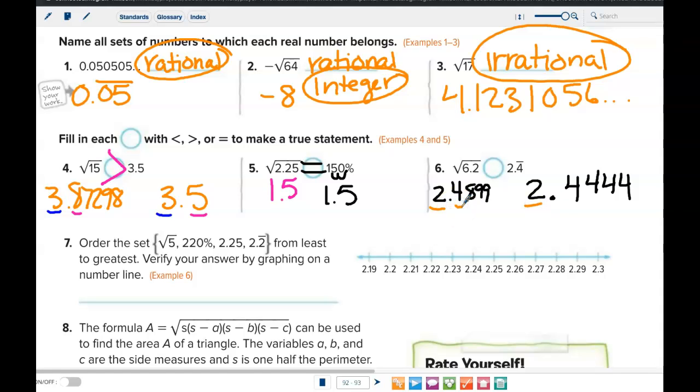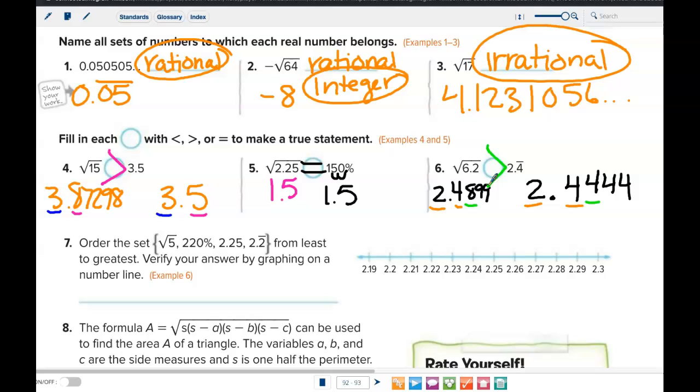Our tenths place, they're the same. So we go over to our hundredths. In our hundredths place, we have 8 and 4, and since 8 is bigger than 4, we know that this number is larger.